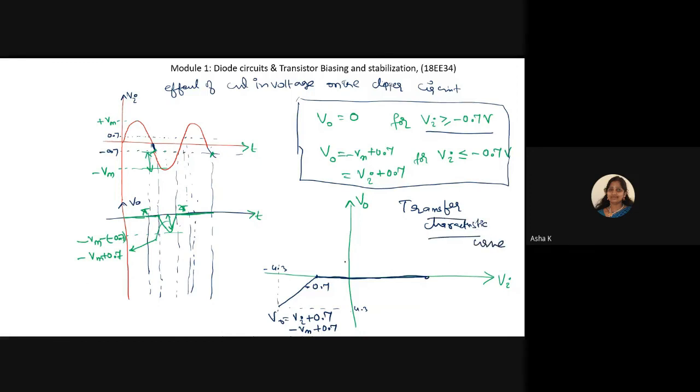And one more thing, here the diode is off, whereas in this period from here to this side, the diode is on. And this waveform is called the input output waveform.